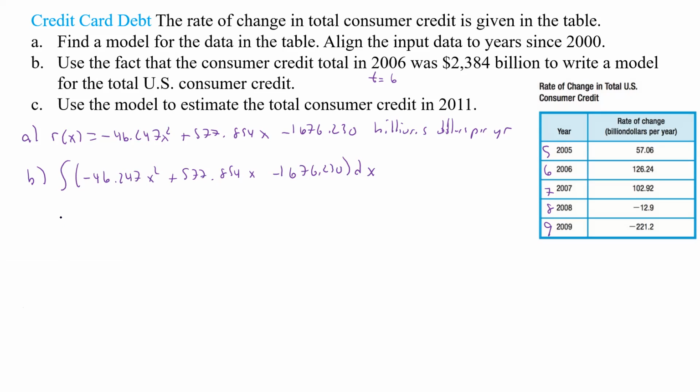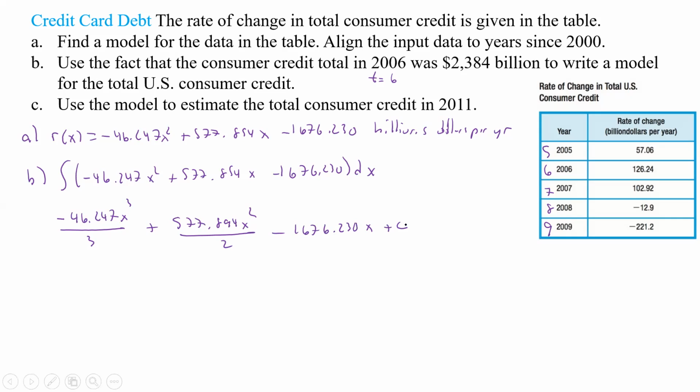So when we do that, that's going to be a negative 46.247x to the third over 3 plus 577.894 times x squared over 2 minus 1676.230x, and then we have plus c.